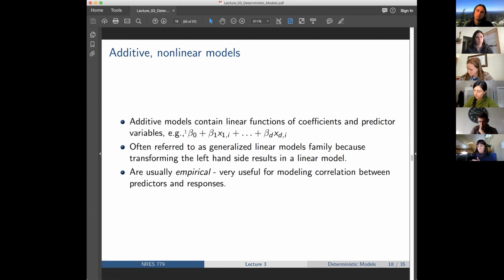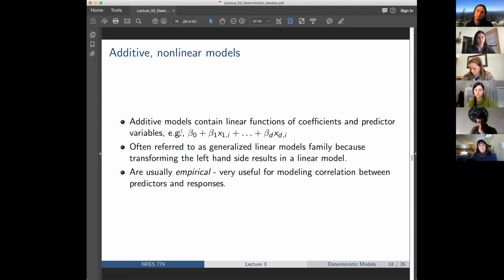So the support of this is negative infinity to infinity, but often we want to use this framework, adding these betas, because we're comfortable in this area, to describe the relationships of other types of data we observe, like the probability of success or some positive value. And that's where we get into generalized linear models.